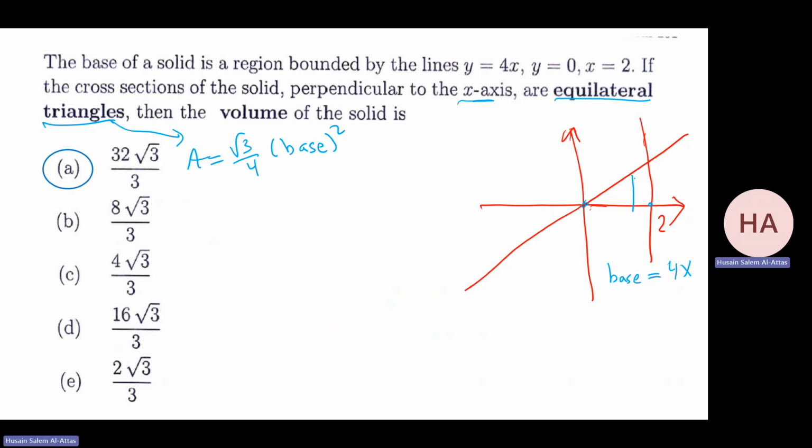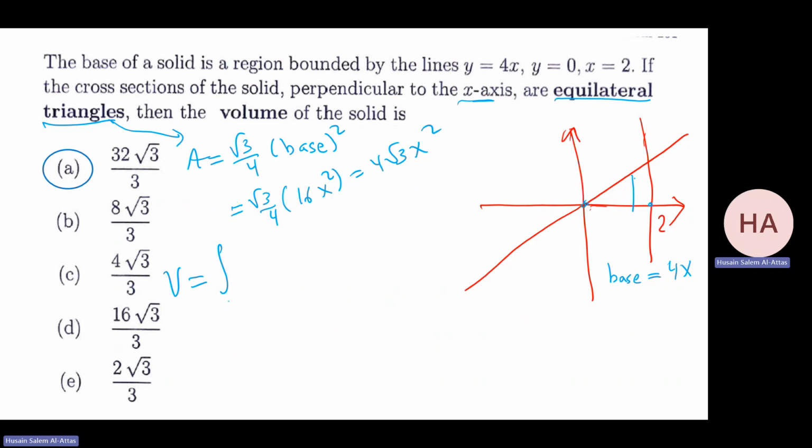So now what will be my area? The base is square. That gives me square root of 3 over 4 times 16x squared. That will be 4 square root of 3x squared. Good. So now what is the volume?